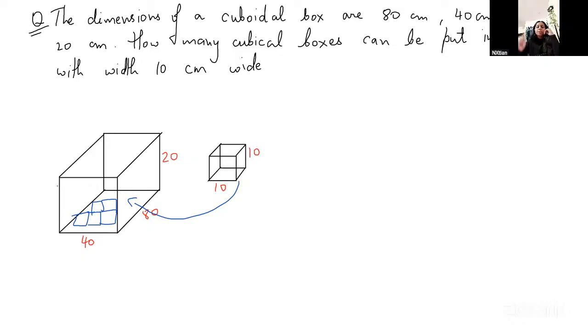We have one big cuboid, like a big shoebox. The question is saying how many Rubik's cubes can you put inside the shoebox. We know that a shoebox is a rectangular cuboid.